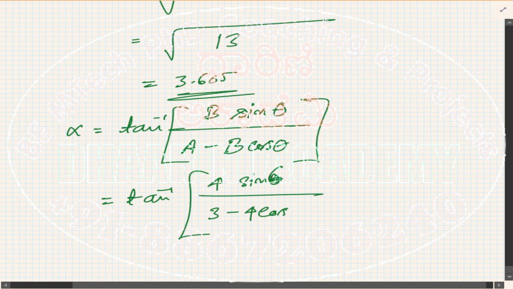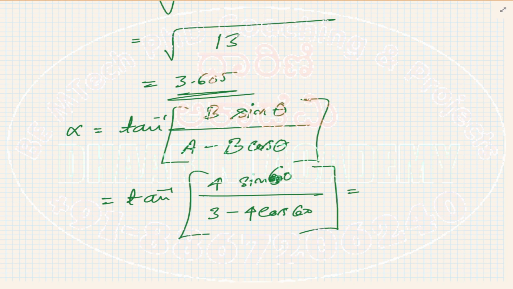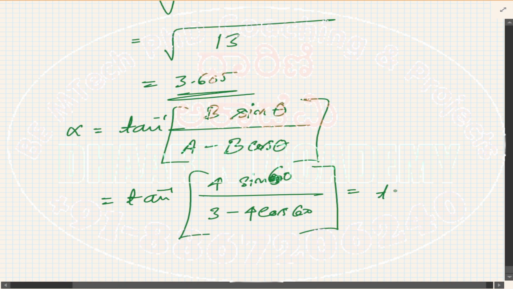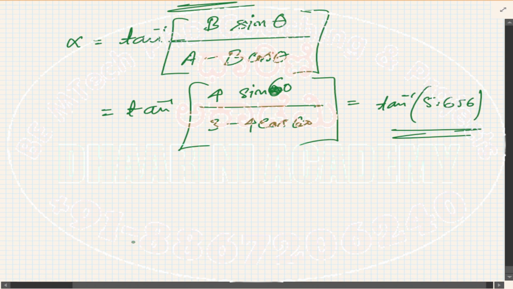Theta is 60, you can substitute 60 cos 60. It comes to be tan inverse of 5.656.